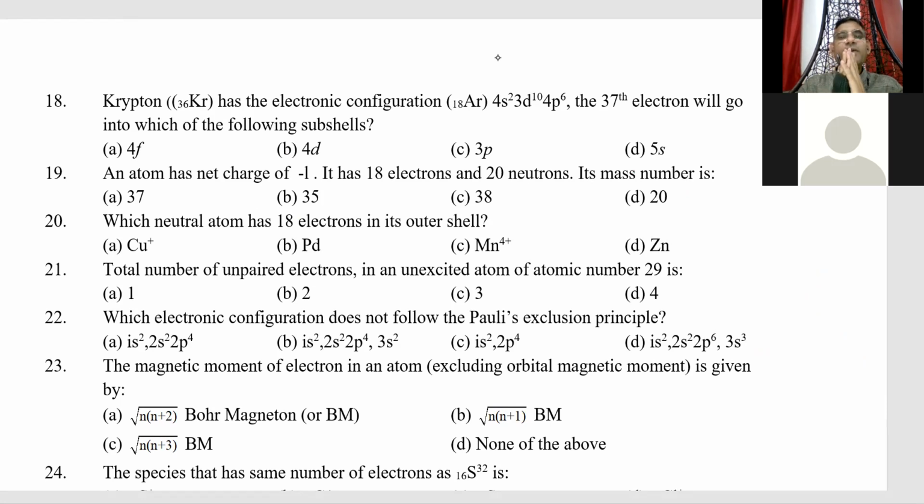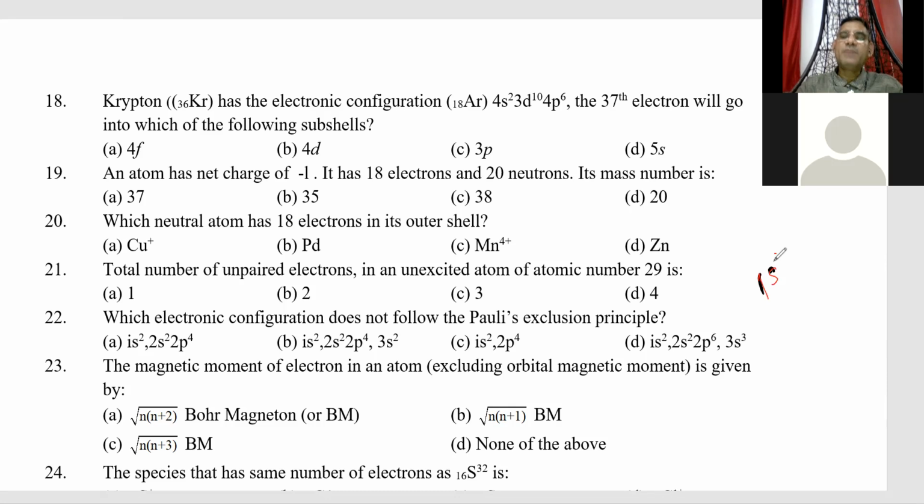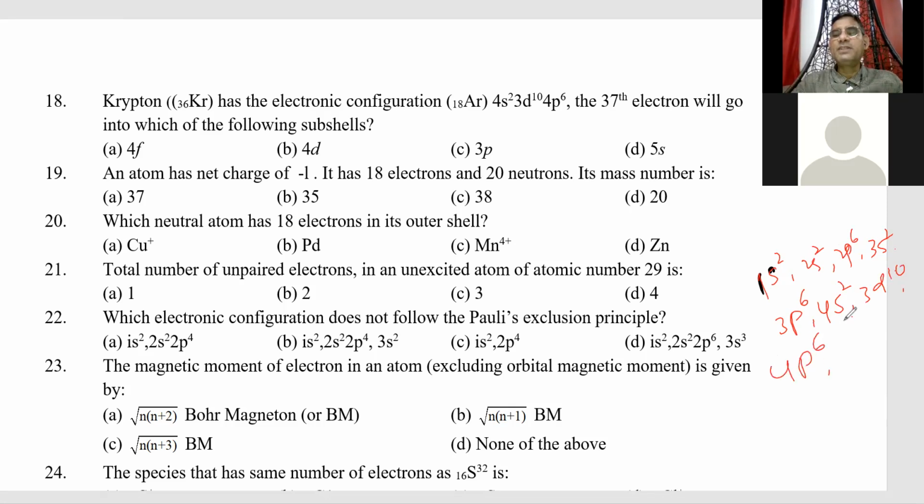The 37th electron will go into which of the following subshells? What you need to do is write the configuration: 1s2 2s2 2p6 3s2 3p6 4s2 3d10 4p6. They are asking which will be the next subshell.